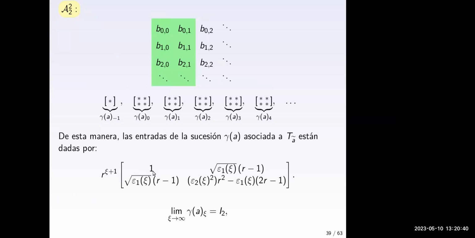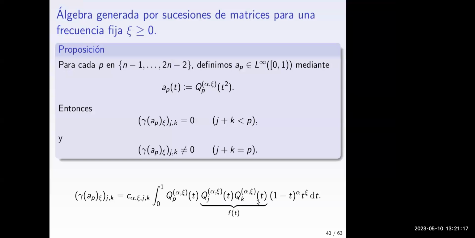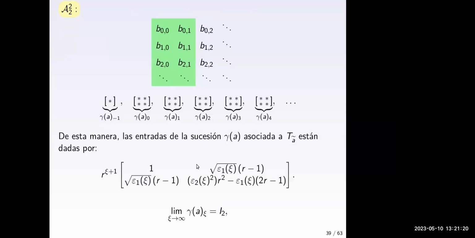And as we can see, if R tends to 1, I mean, if R tends to the boundary, the 0,1 and 1,0 entries will be 0. Here we will have epsilon 2 squared minus epsilon 1, and this will be 1. And in the limit, we will just have the identity. That's just an example of the way to see that.